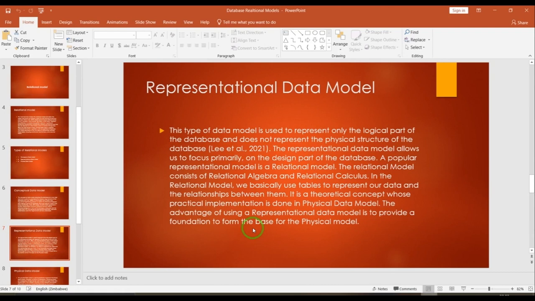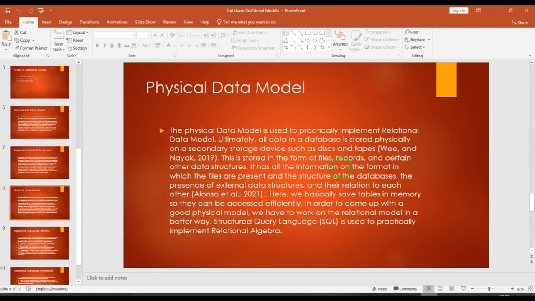There is an advantage of this representational data model. The advantage of using a representational data model is to provide a foundation that forms the base for the physical model.